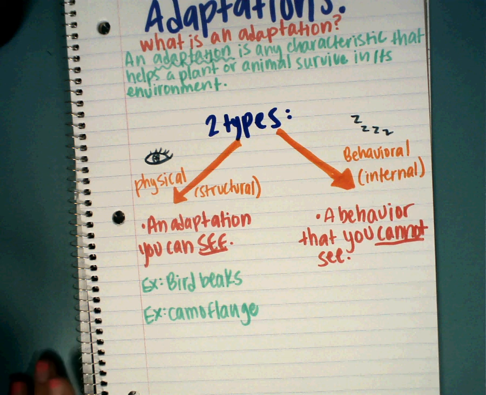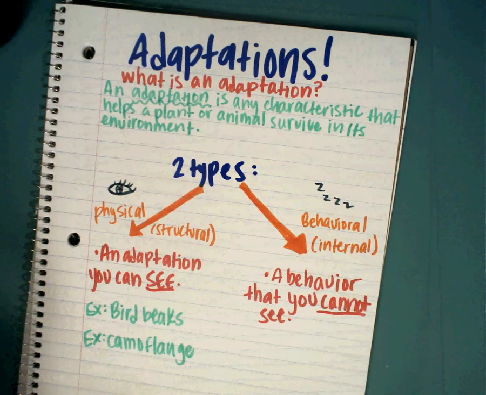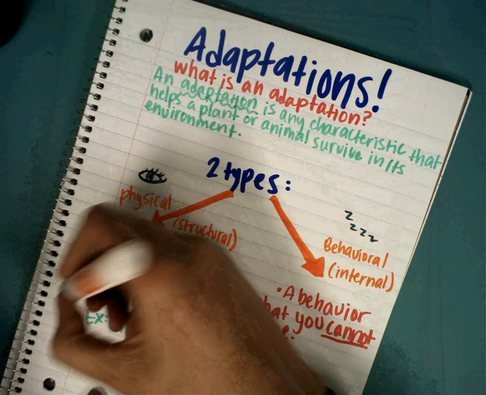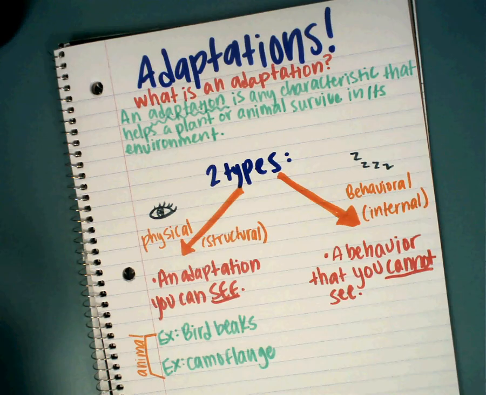So those are animal physical adaptations. Plants also have them, and now we're going to talk about the plant ones. Plants have things they do to protect themselves that we can see.